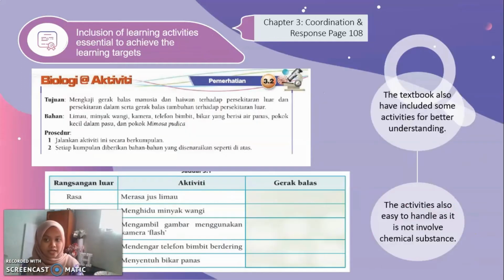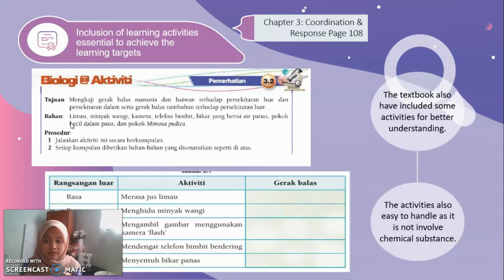The next one is inclusion of learning activities essential to achieve the learning target. In chapter 3, Coordination and Response, page 108, the textbook has included some activities for better understanding. The purpose of this activity is to determine the response of humans and animals toward external stimuli in the environment.